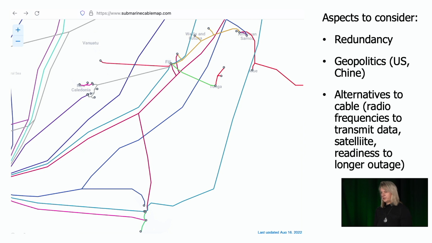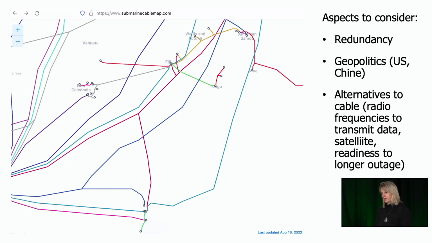This is geopolitics, that usually these cables are built by some companies, and also they have certain effect politically, whether you want your market to be really governed by US companies or Chinese companies. This is the choice to make.